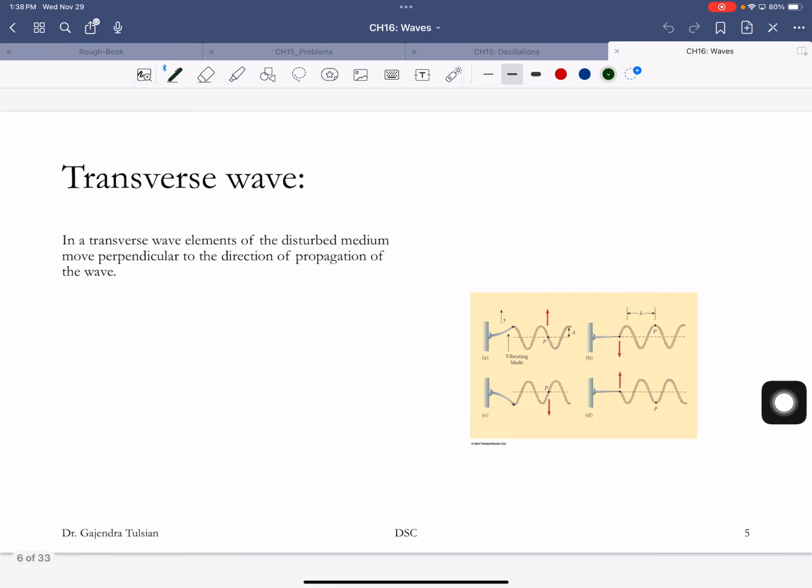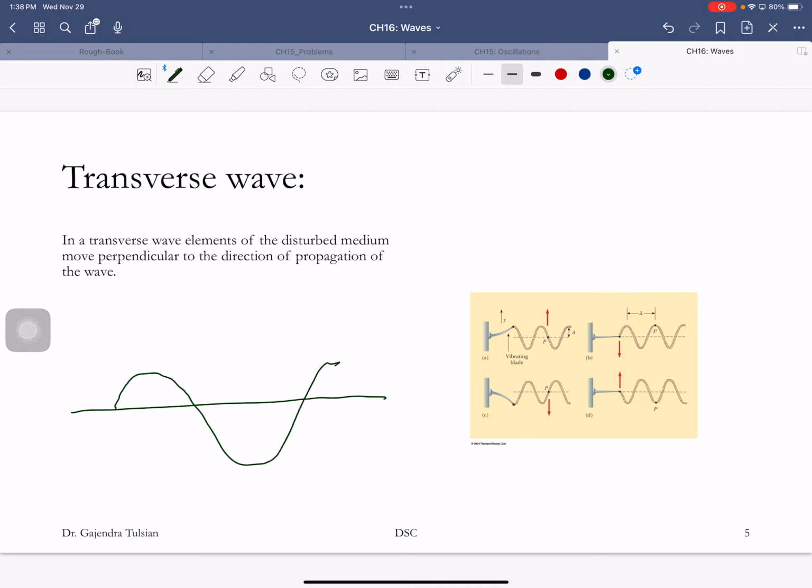Again, we're just introducing terms. The crest to crest distance is the wavelength. So these are some properties of the wave. Amplitude: the amplitude is the maximum displacement. If this is the undisturbed position, this is the amplitude. The intensity, the energy being transported per second per unit area, is related to amplitude.